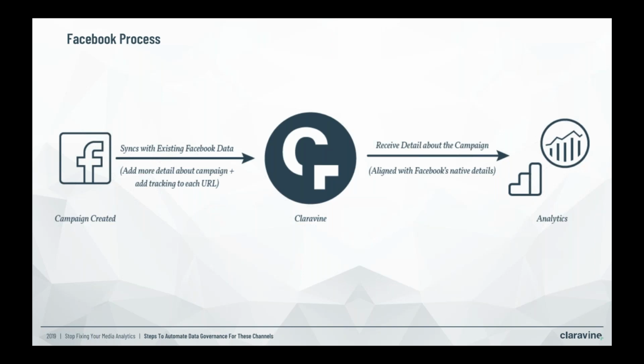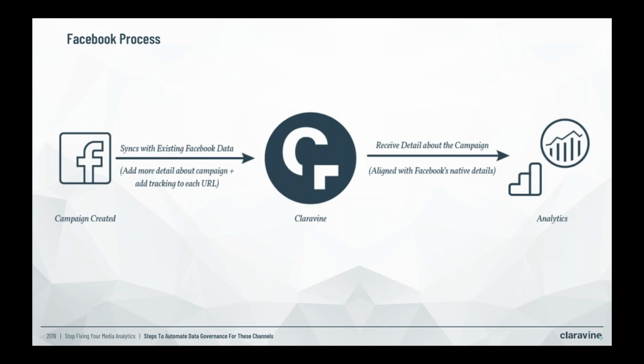Of course, that being either the custom parameter name that you're using for Adobe Analytics and/or the UTM parameters for Google Analytics, with consistency across campaigns. And we can even automatically generate those from the details that Facebook already has if there's enough information there.